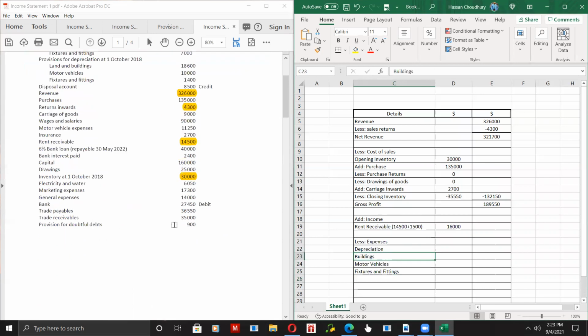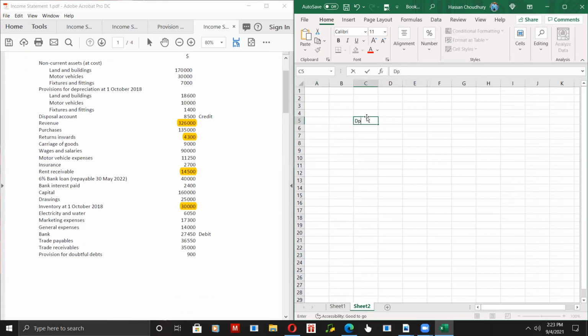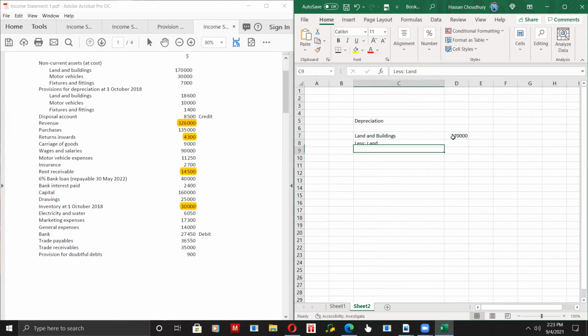So for buildings, remember, what you need to do is, let's calculate here. So depreciation: land and buildings together is a combined value of 170,000, out of which we've got less the value of land. Okay, why am I doing this?